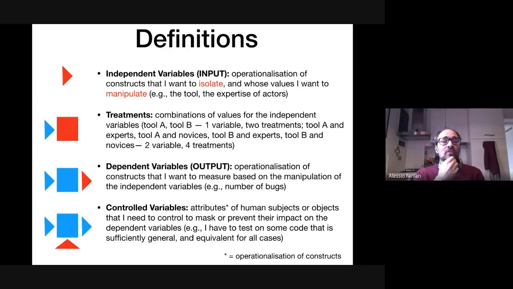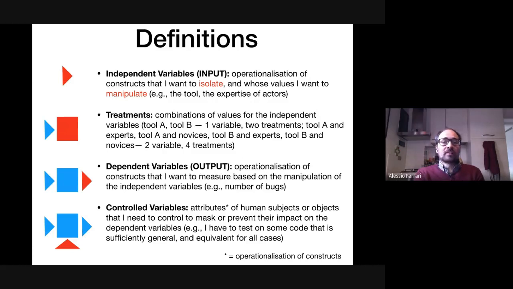I want to isolate the type of tool so that I see just the influence of the tool, or I want to isolate the expertise of actors and just consider that. And I want to manipulate because I do different treatments, because I assign different values to these independent variables. Then I have treatments, which are actually combinations of values for the independent variables.